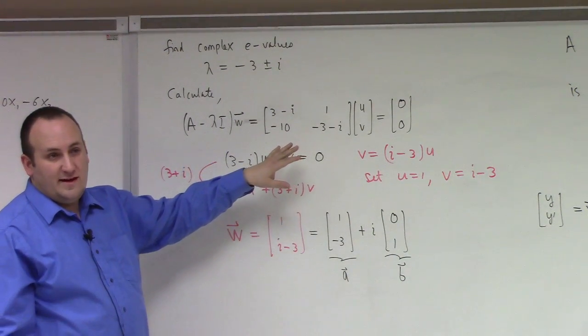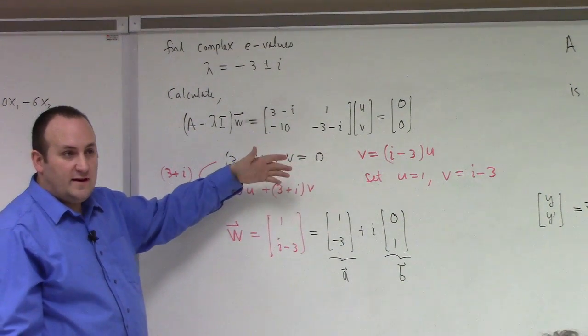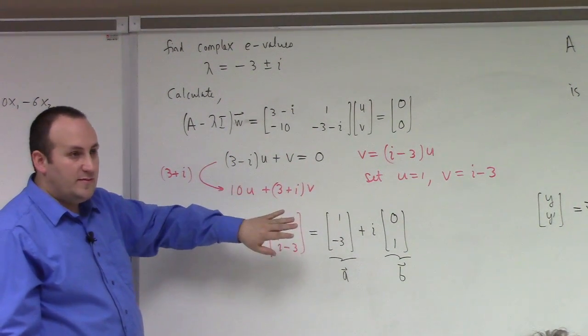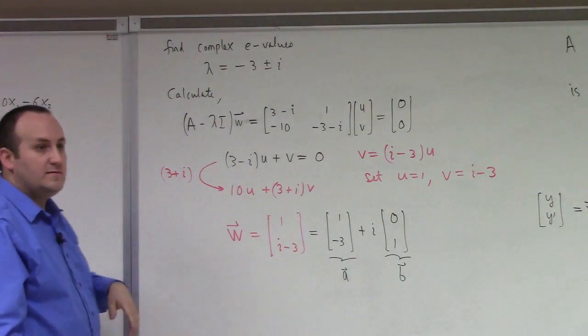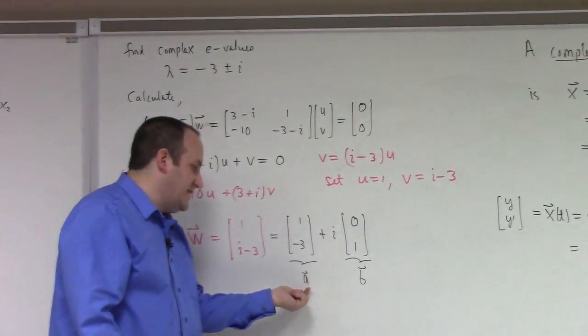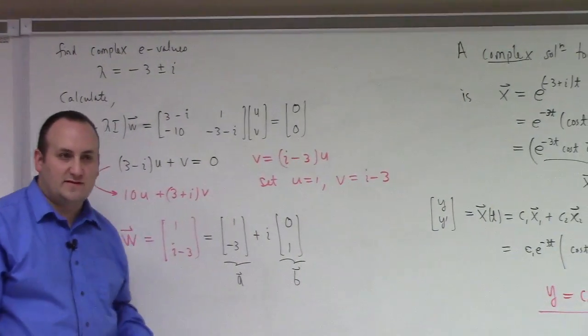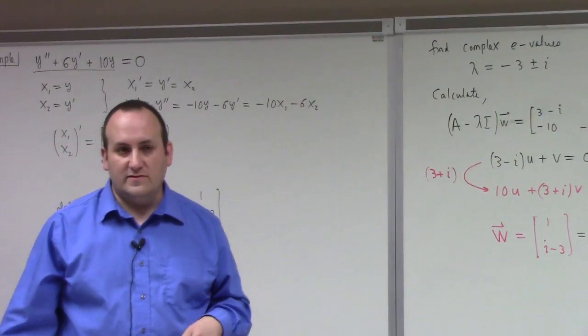And as far as the real problem is concerned, who cares? You already have all the data you need to solve the real problem. You don't have to go find the other one for minus 3 minus i. Even if you did, you'd still find the same vectors, a and b, except you'd find a and minus b, but it's the same data to work with. You don't need it. Any questions?